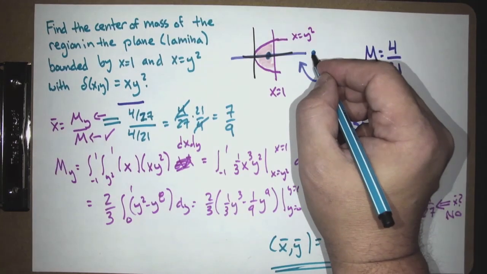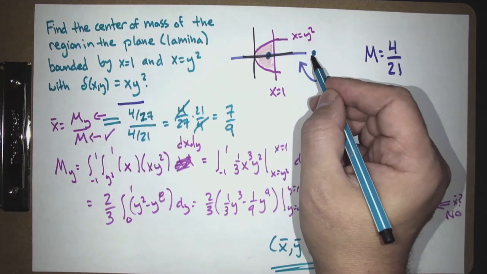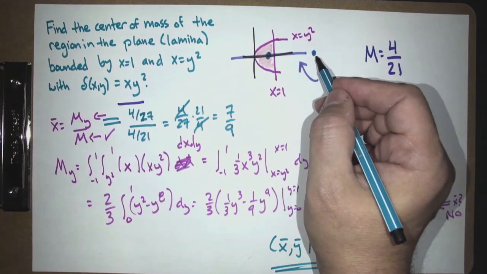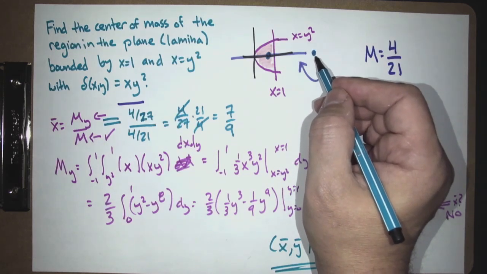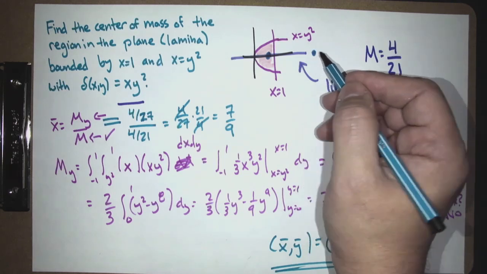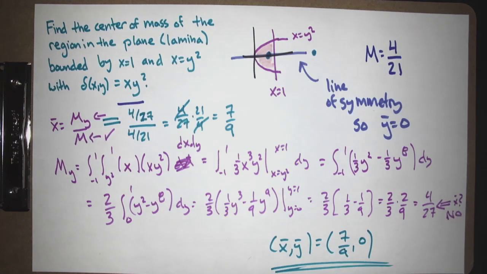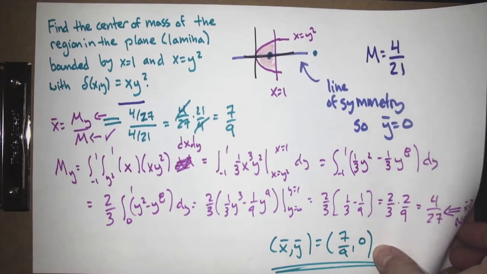If we had gone that the center of mass was here, is that reasonable? So where I have this dot. Is that a reasonable answer? No. The center of mass kind of has to be center-ish. So if your center of mass is not somehow center-ish in your shape, check your work. Did you remember to divide by m? That's a common mistake. And then you won't make that mistake again.